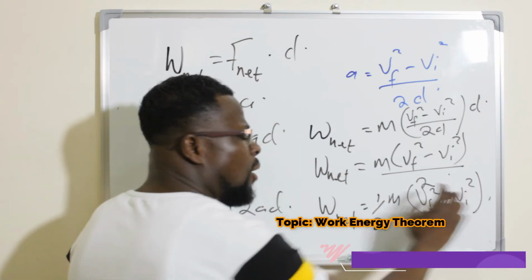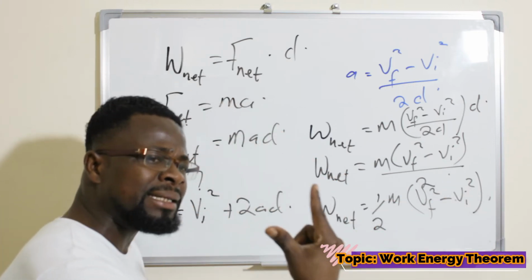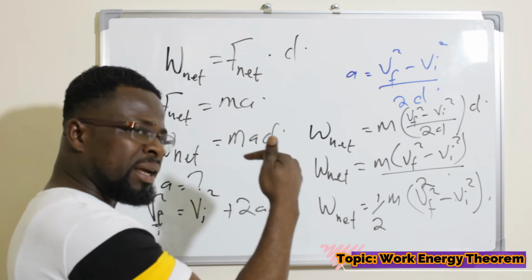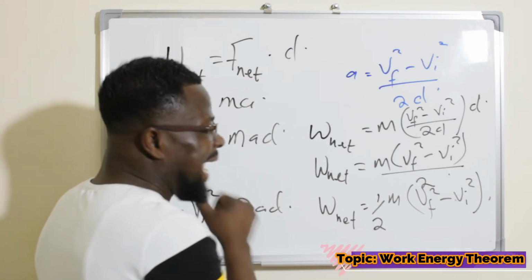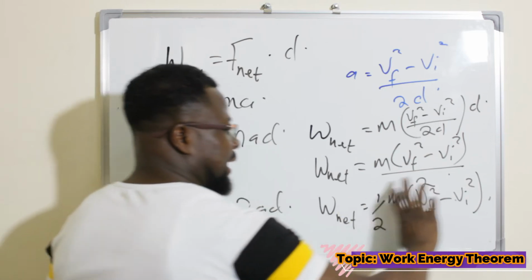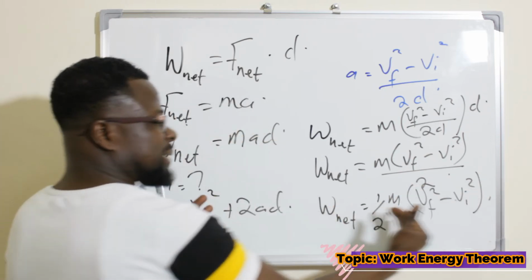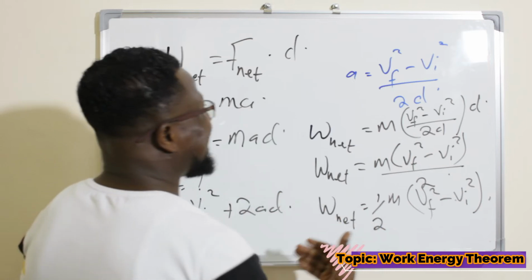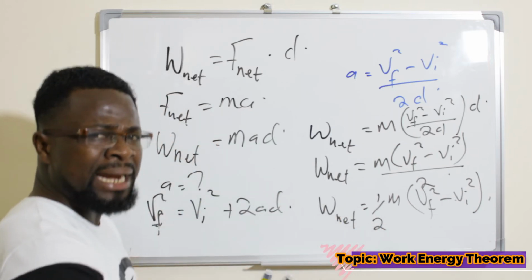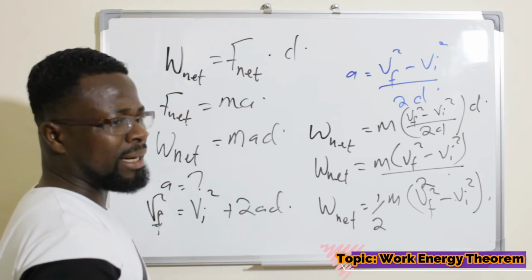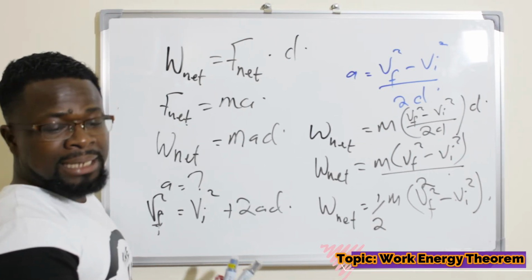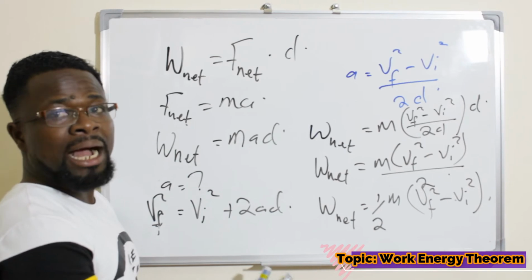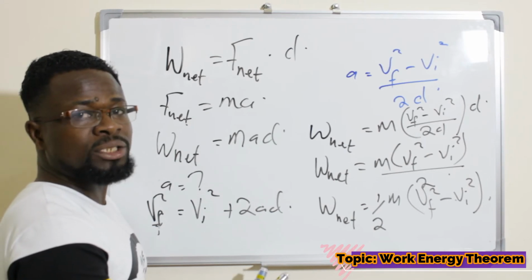Immediately this is out, what should come into my mind is that we learned something earlier about energy. We can expand this and write it so that we can look at the type of energy that we are speaking of right now. Let's look at it and see what we need to do.